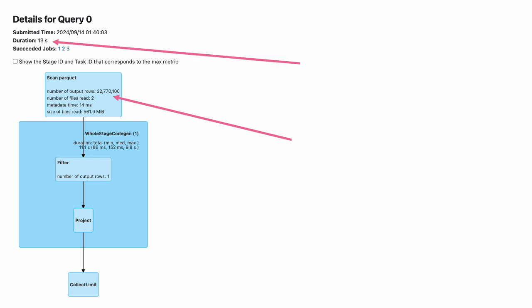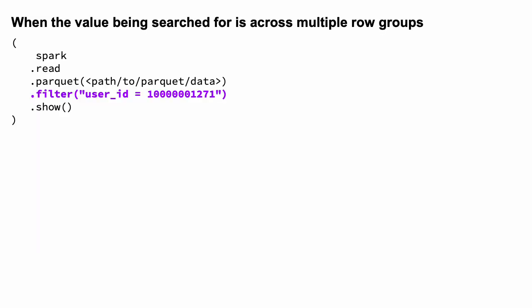Now the problem over here is, if the value you are trying to look for happens to be in the min and max range of all the row groups, then you cannot discard reading any row group. You will have to scan all the row groups. And this is one of the values which happens to be present across multiple row groups. How did I know that?